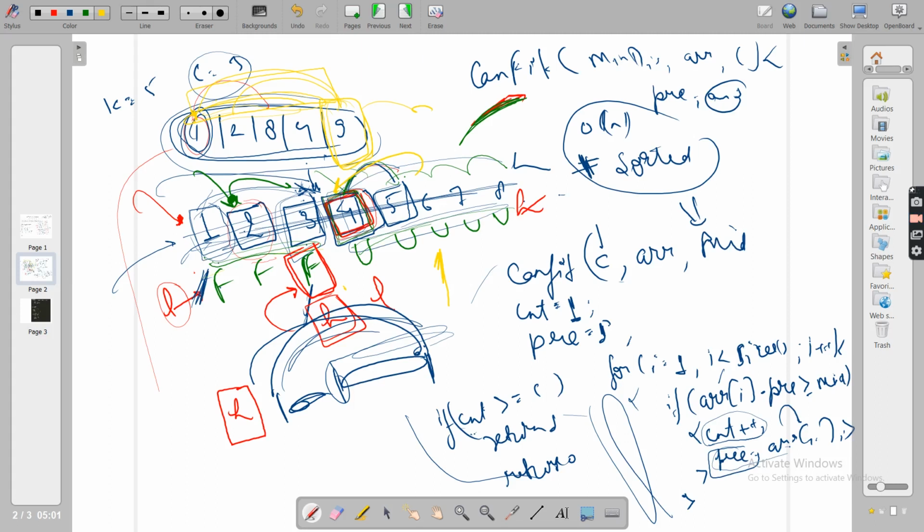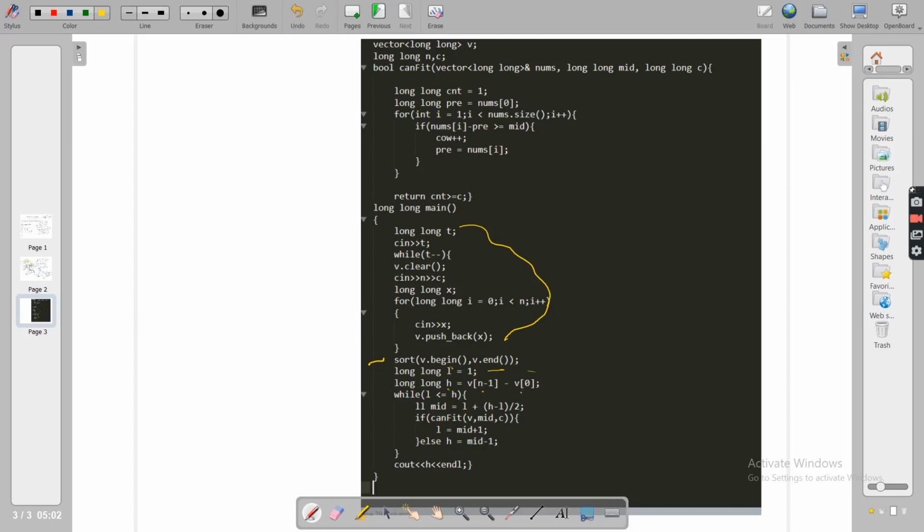The maximum distance you can even think of putting between two cows is the final stall minus the first stall. This is the maximum, because 8 is the maximum distance between two cows, not more than 8, because there is no stall. If you put your first cow at position 1 and keep the distance between two cows as 9, your second cow would be at the 10th position, but 10 is not available. So the upper limit will be the last house position minus the first house position.